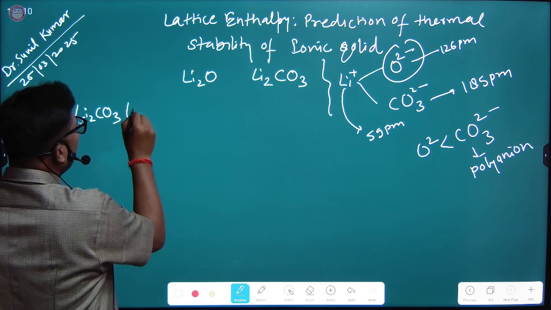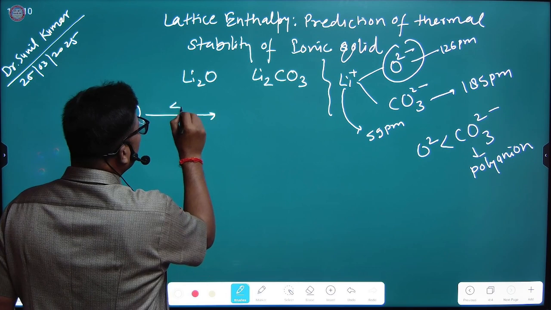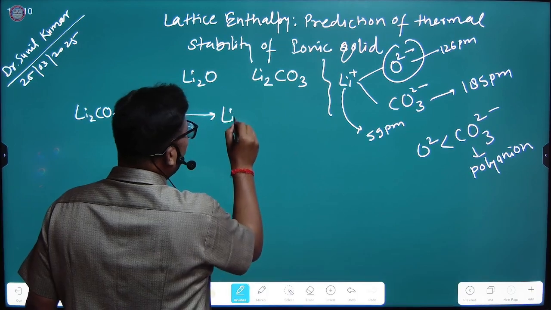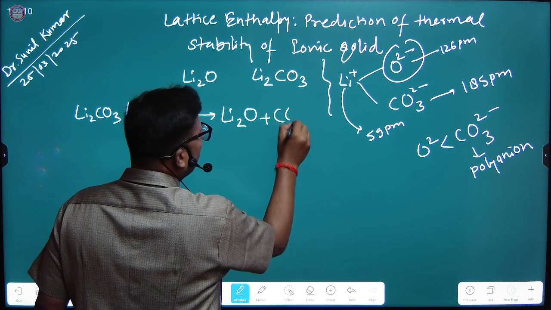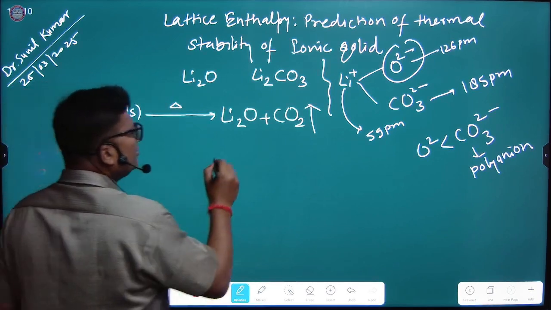Li2CO3 in the solid state, if you heat this compound, it will be decomposed. Li2O plus CO2 gas will be released, and the Li2O will be in the solid state.